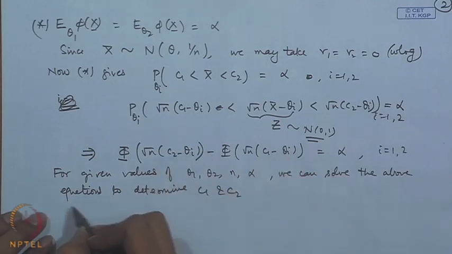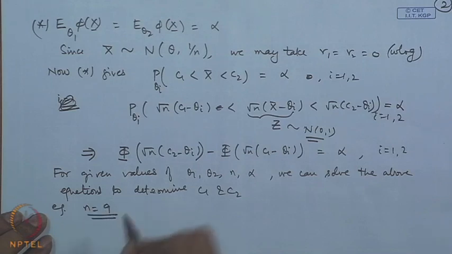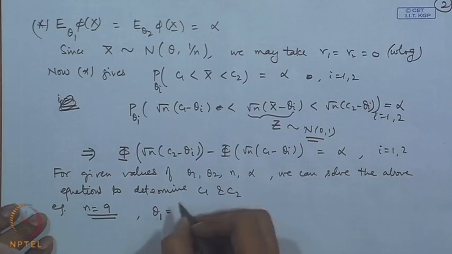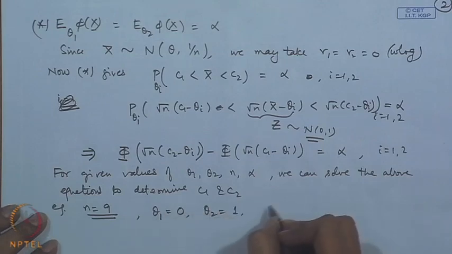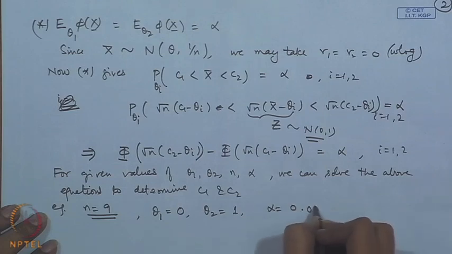As an example, let us take n equal to 9, theta 1 equal to 0, theta 2 equal to 1, and alpha equal to 0.05.